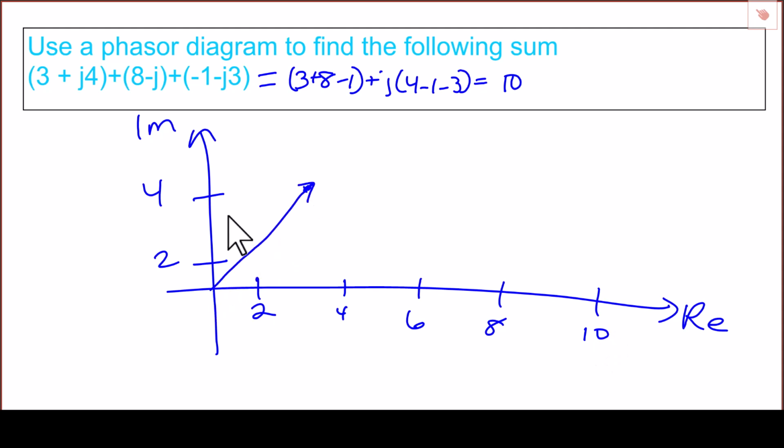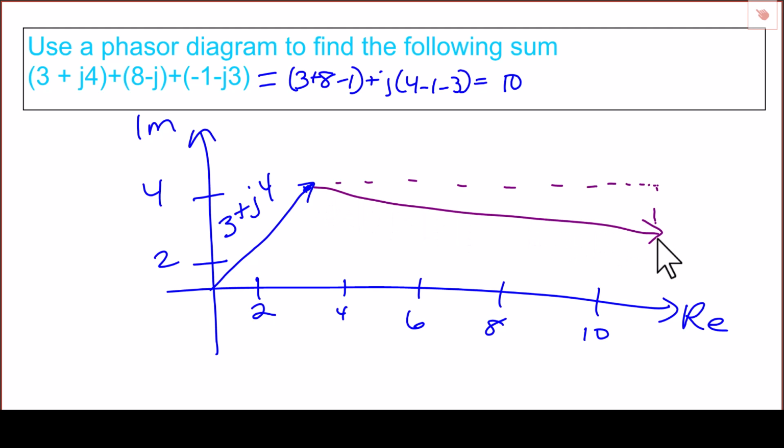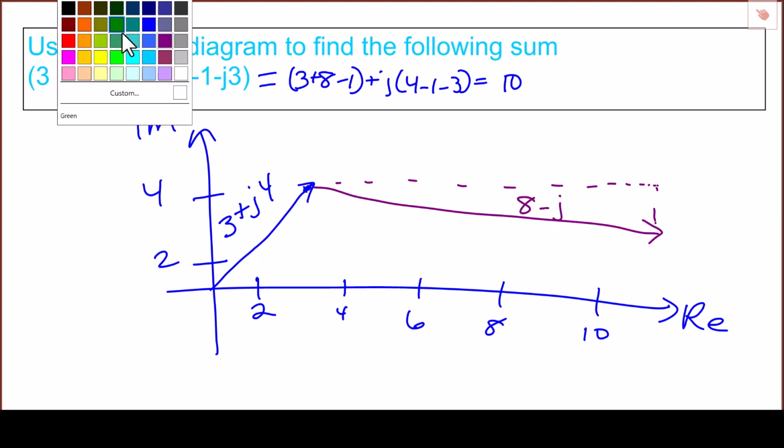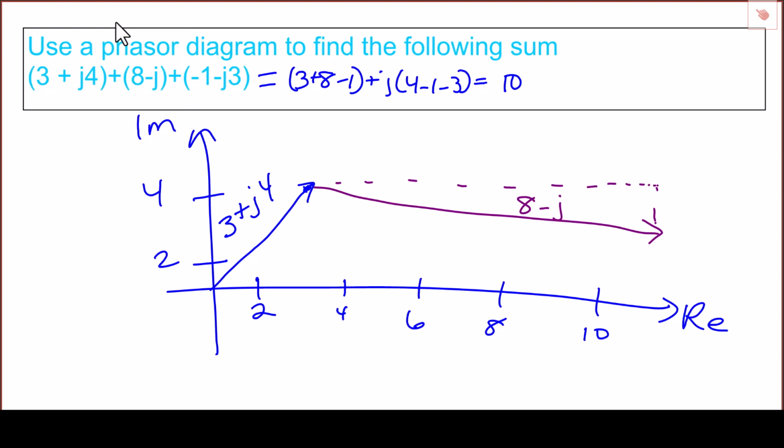So next I'm going to sketch the vector 3 plus j4, and then I am going to add to that my next vector, which is 8 minus j. And then to the end of that, I'm going to add the vector -1 minus j3 and show that the final result is a vector along the real axis that is 10.